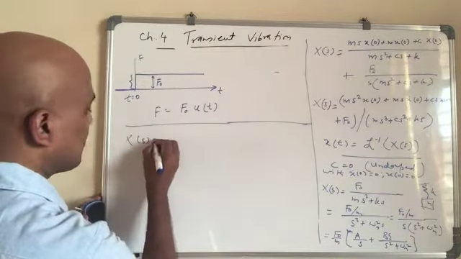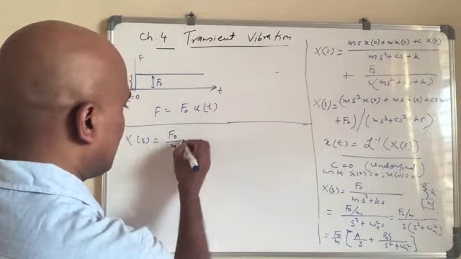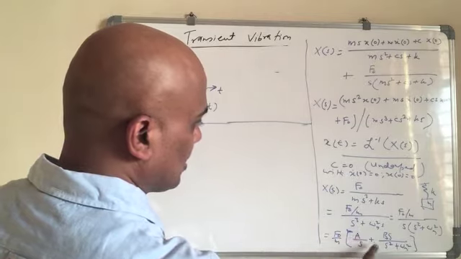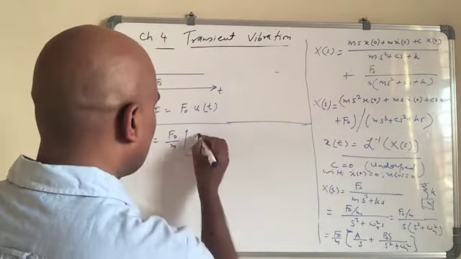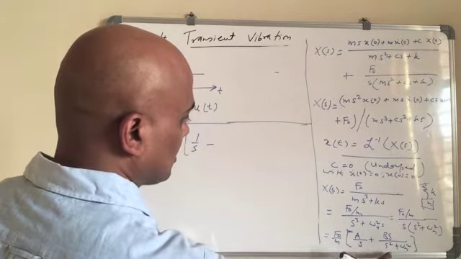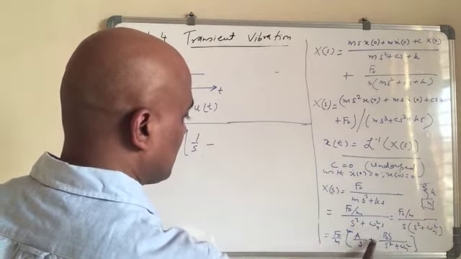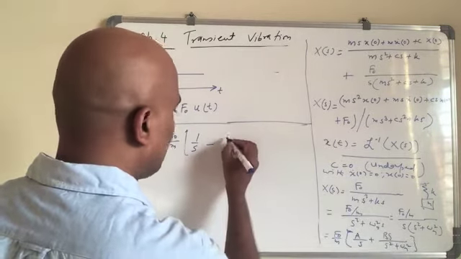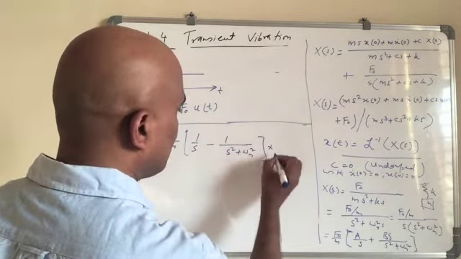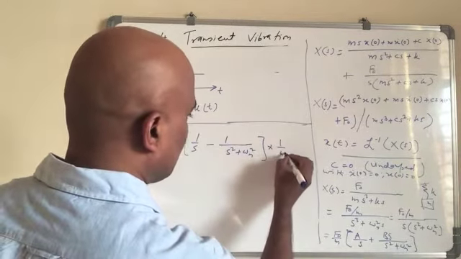X(s) will be equal to f naught over m, and we can see that if we have 1 here, so this will be 1 over s, and here it will be minus, probably minus, s square plus omega n square, we have 1 here also, and then we have 1 over omega n square.